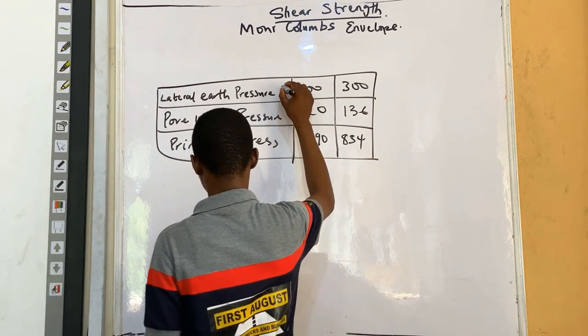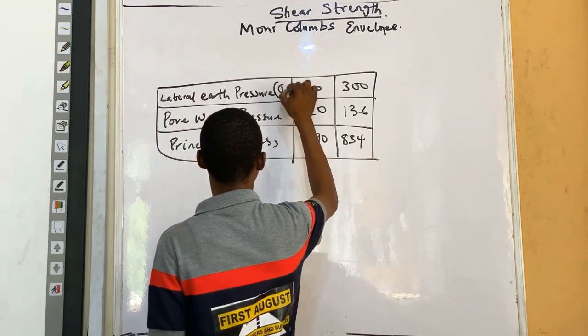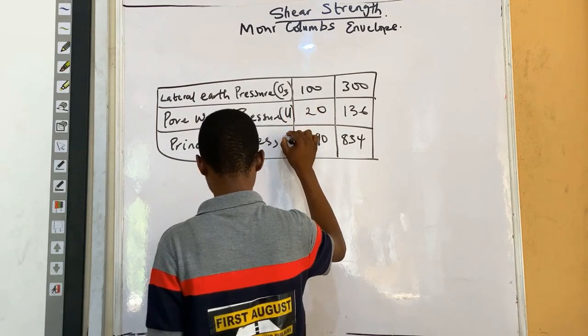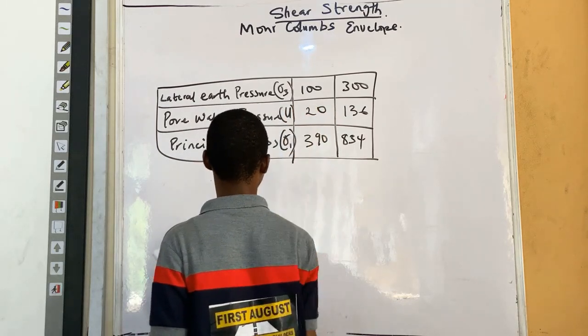So you have those: you put sigma 3, this one is u, this one is sigma 1.